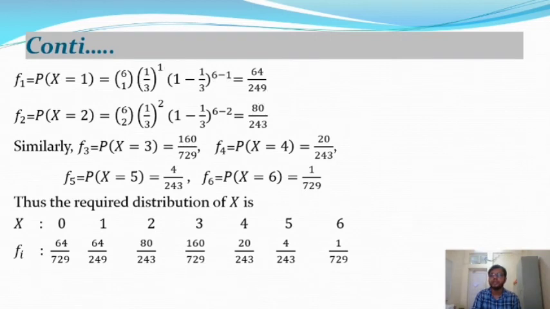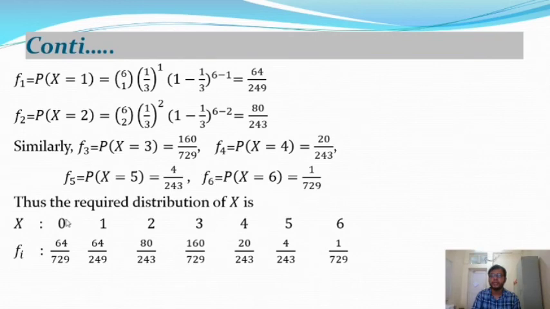Similarly, we will find the probability mass function f2 is equal to probability of x is equal to 2, and this is equal to 6C2 (1/3) to the power 2 into (1 minus 1/3) whole to the power 6 minus 2, and after simplifying this we will get 80 by 243. Okay. So similarly we will find f3, f4, f5 as well as f6.